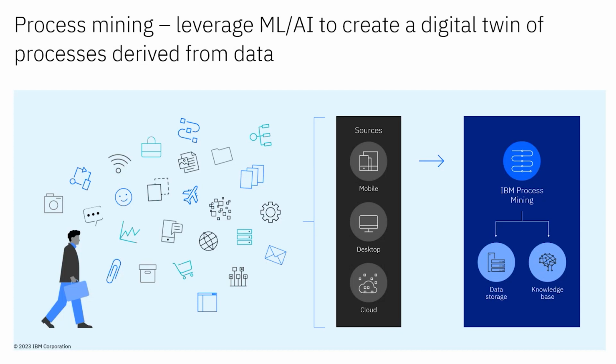So what process mining will do is take the business process that we created from the human perspective. It can take logs from mobile logs. It can take it from system logs. It can take it from CRMs, ERPs. It can take it from other IBM software. It can take it from non-IBM software.